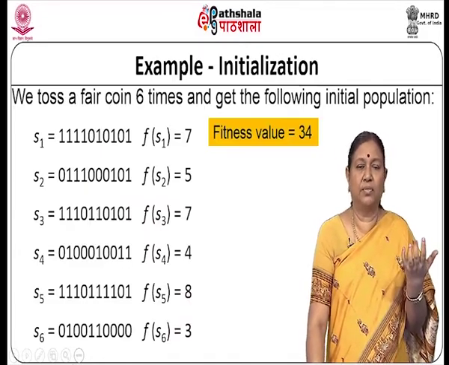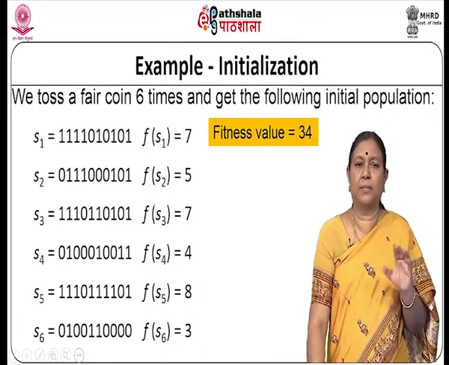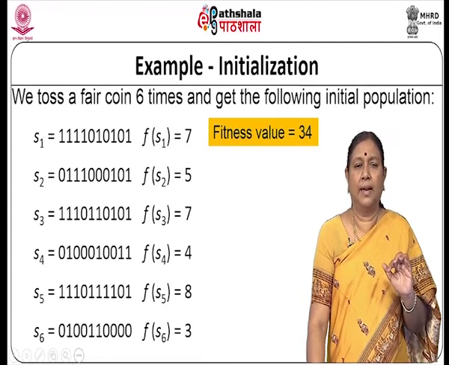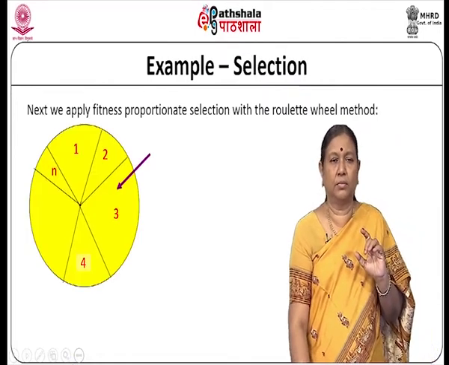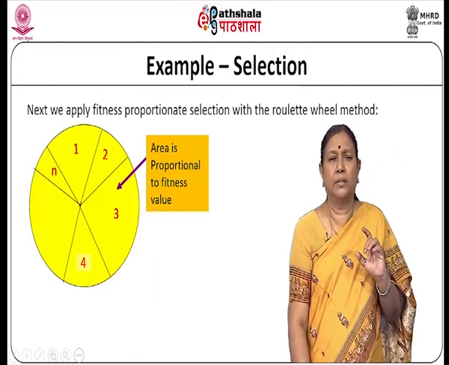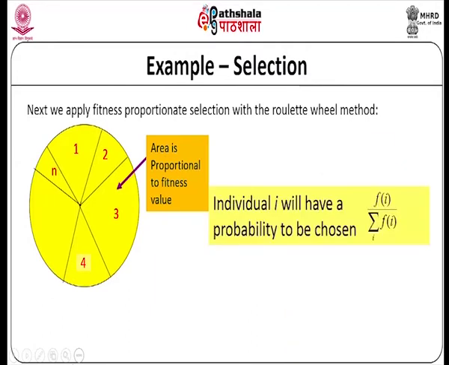If you see the previous one, S5 will have the maximum proportion of the roulette wheel, the next will be S1 and S3, and S6 will have the least proportion. So, the angle is proportional to the fitness value.